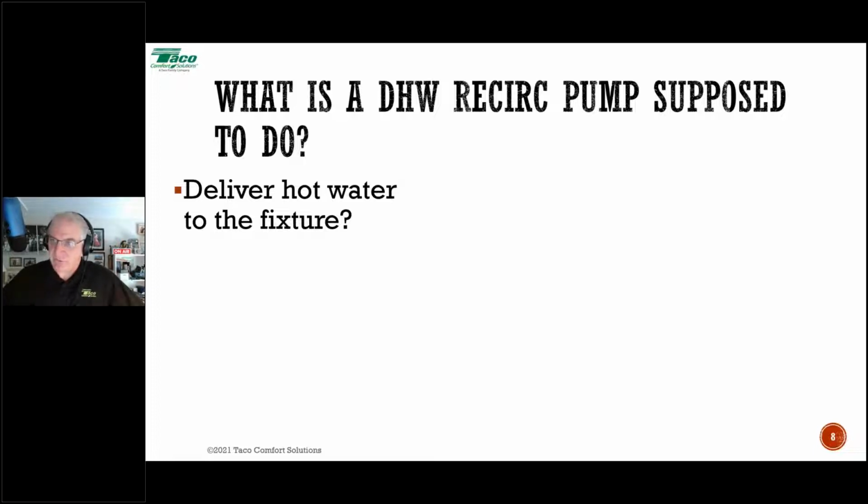The domestic hot water recirculation pump, he said, had to be designed and sized to provide adequate flow to all of the plumbing fixtures in the structure. And I said, no, that's not what it's supposed to do. The water pressure in the house is doing that. That's how you get adequate flow, by proper pipe sizing and proper pressure.